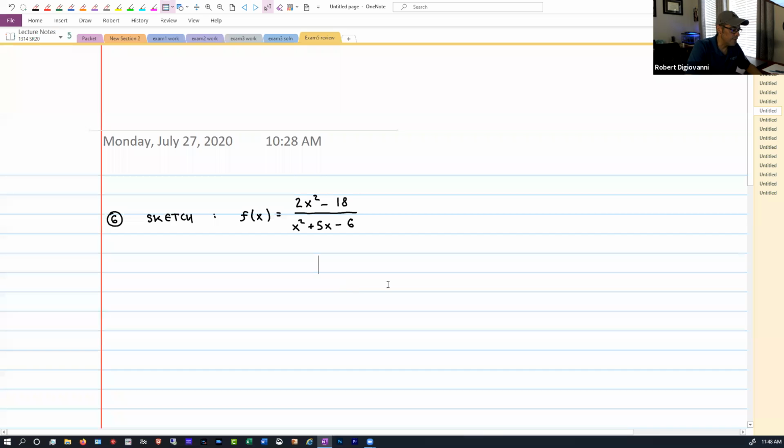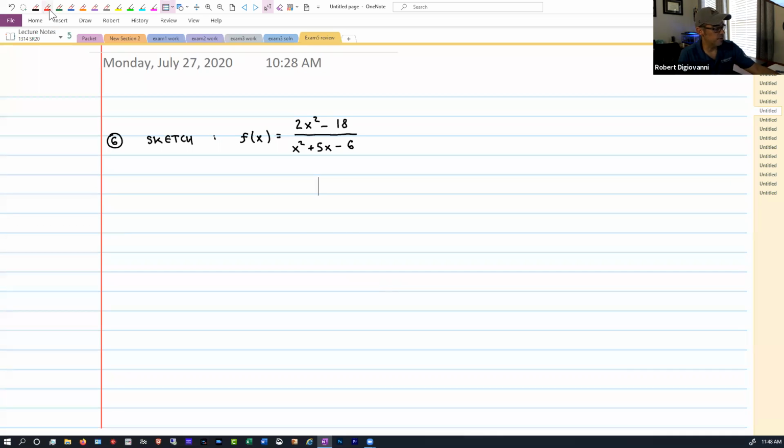Okay, let's look at number 6, another rational function. Okay, it's rational. It's going to have x-intercepts. So I set the top to 0. There's a couple options on how to do this.